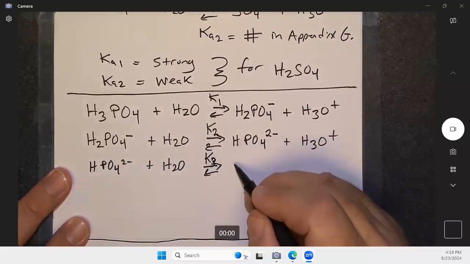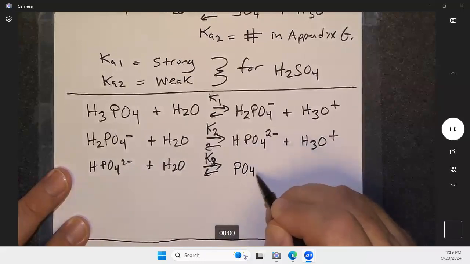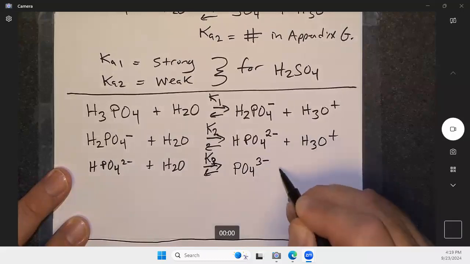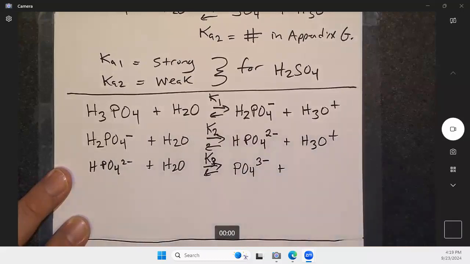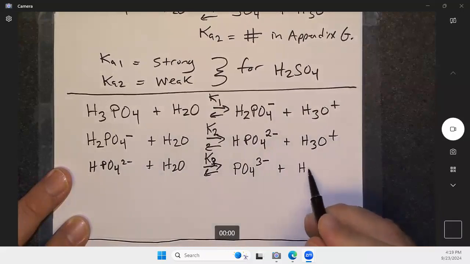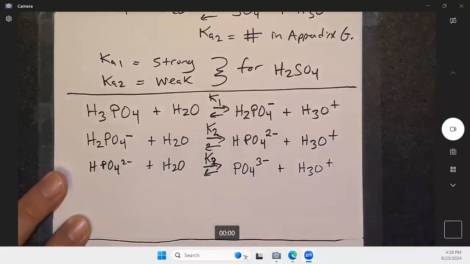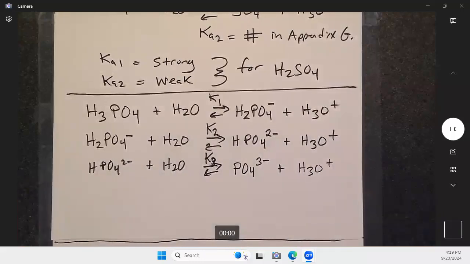And we take an H plus off, so what are we left with? PO4 3 minus, phosphate ion, and we form another molecule of hydronium ion.